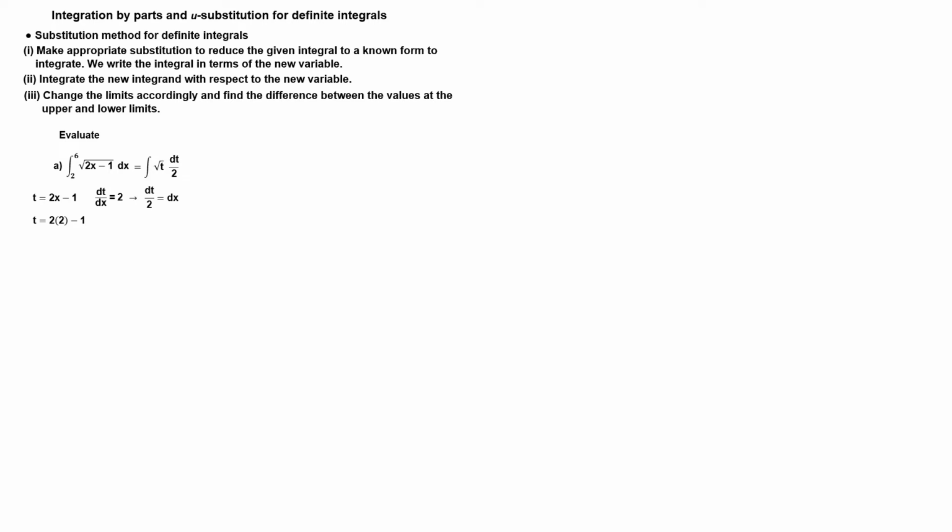When x equals 2, t equals 3. And when x equals 6, t equals 11. We now evaluate with t at the upper and lower new limits and subtract. There is no need to convert from t back to x.